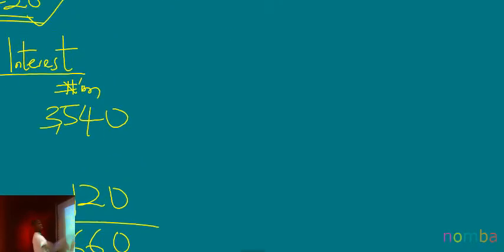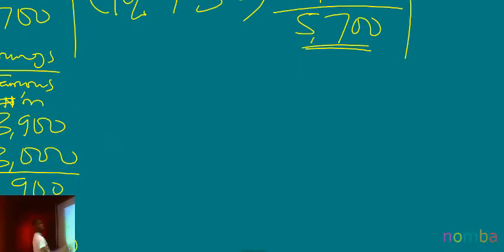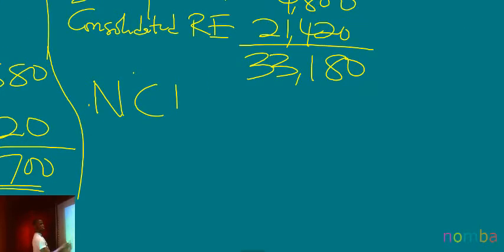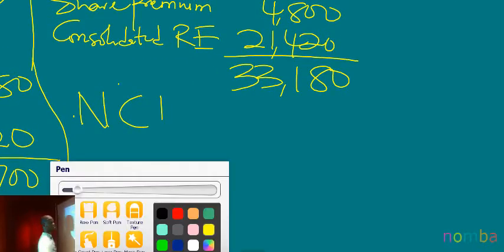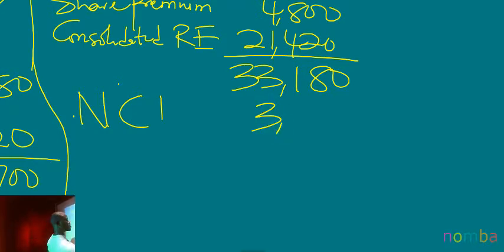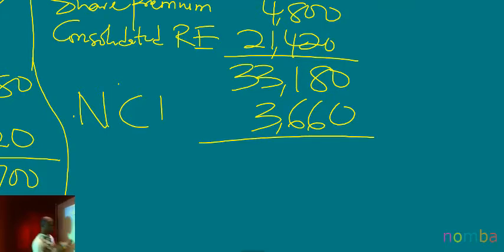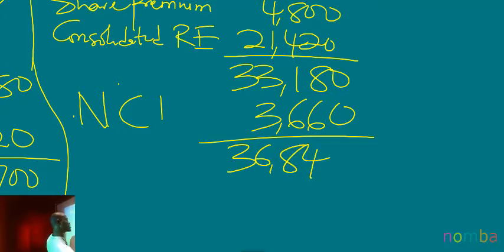So I will have it in my statement as 3,660. If I add these two together, 33,180 and 3,660, that gives me 36,840. And that is the total equity.